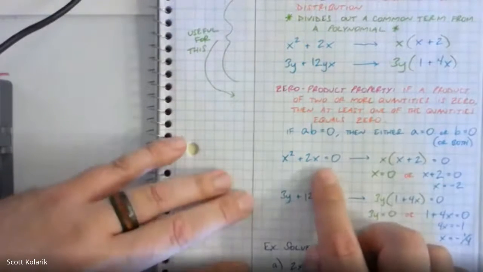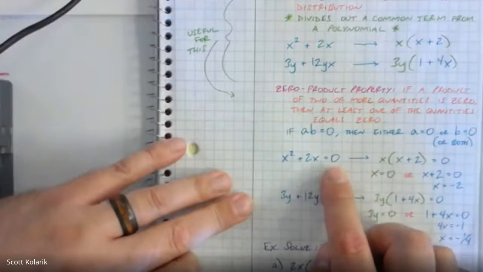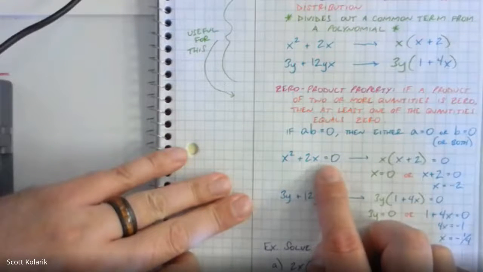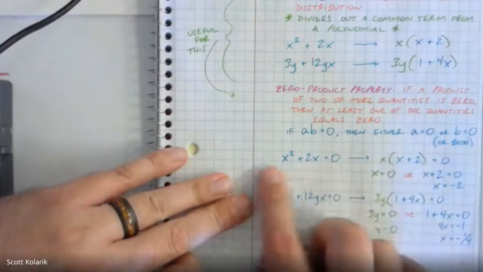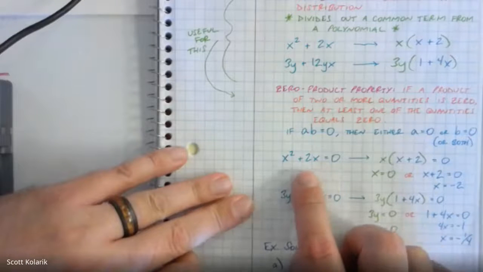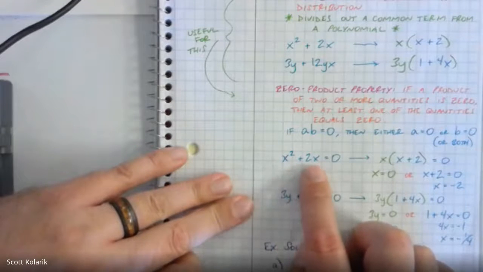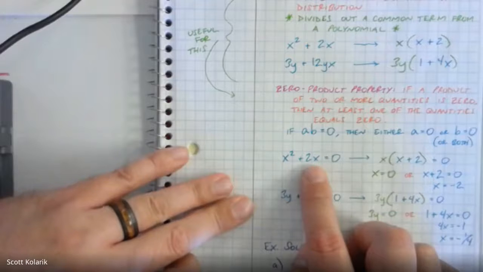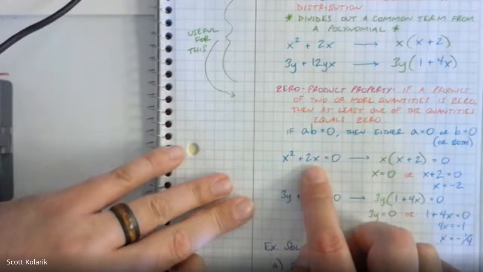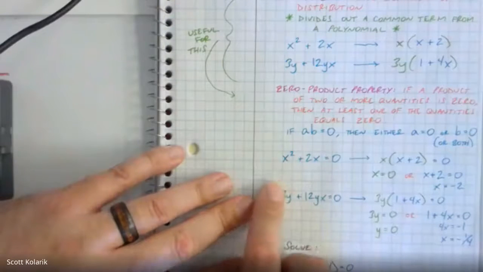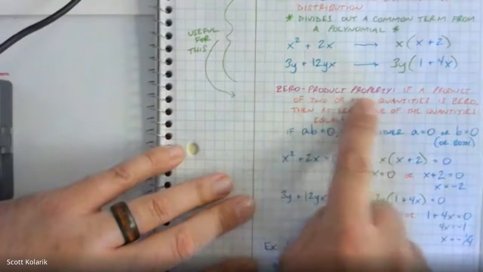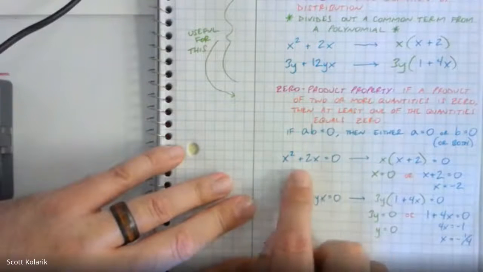And here's the significance of setting it equal to anything, let alone 0. As soon as I have an equal sign and make this an equation, that implies that I can now solve for x. Like, x has to be some specific set of values. And you'll see why I said values plural in a minute. Okay? But we're going to use this concept, the zero product property concept, to apply it to this.